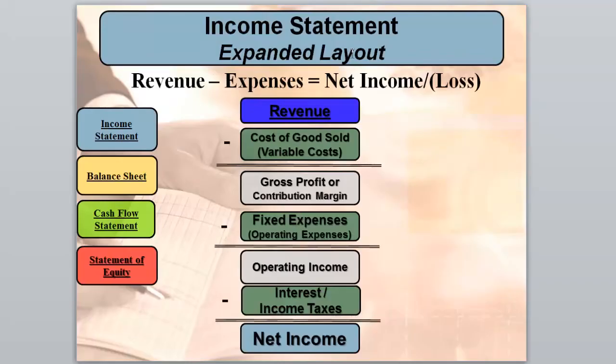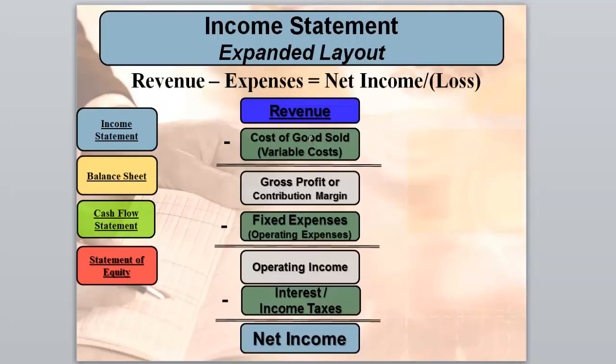The income statement layout is basically your revenue minus expenses. Now, what that means is revenue is all the money that a company or an organization brings in, less expenses they incurred to arrive at net income. Now, the income statement may be broken out a little bit more expanded. An expanded version starts out with revenue, and then it may list costs of goods sold.